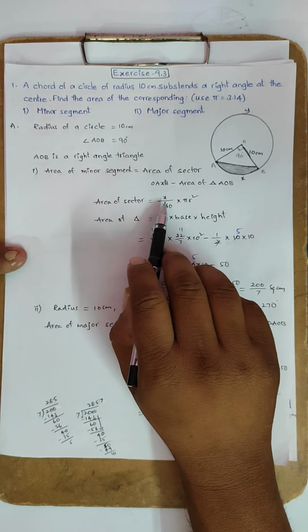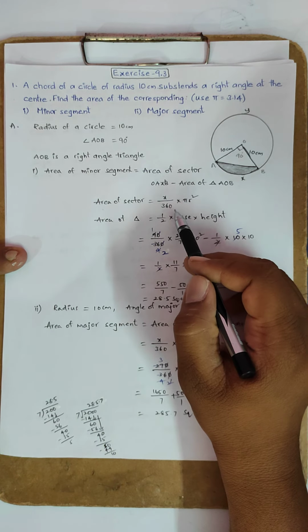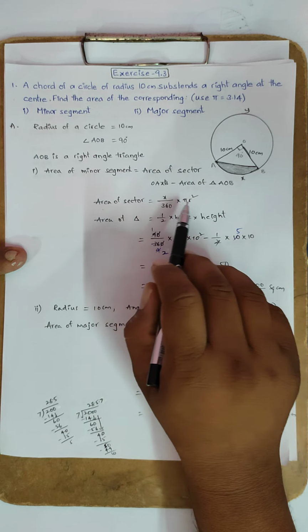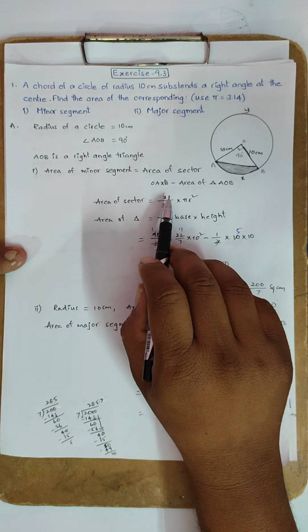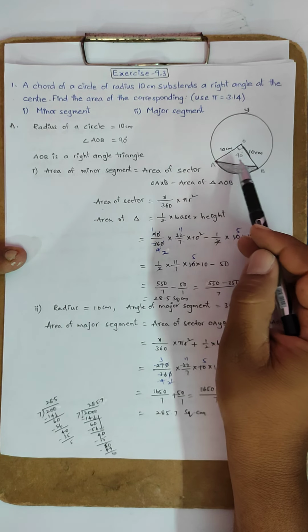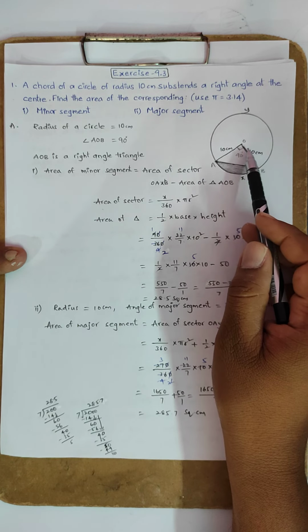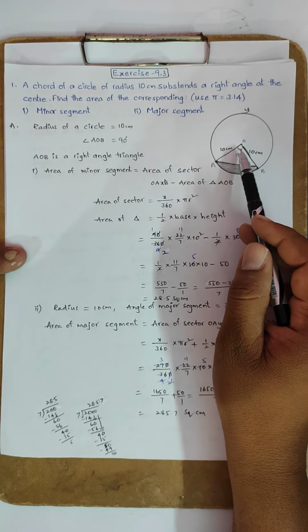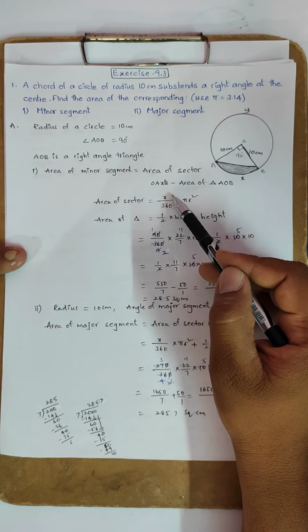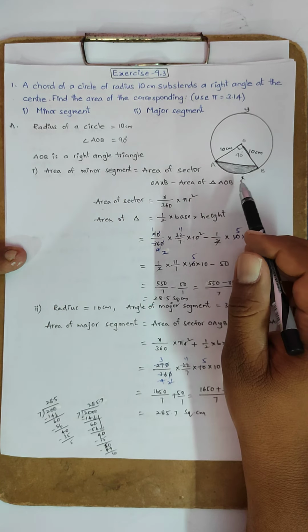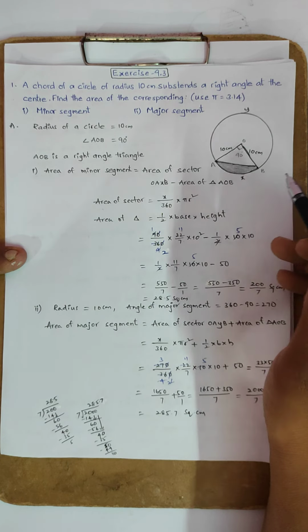So area of sector is equal to x by 360 into pi r square. This is the formula. Here x means, in the whole angle 360 degrees, how much is the angle for this sector? 90 degrees. Now area of any triangle is half base into height.